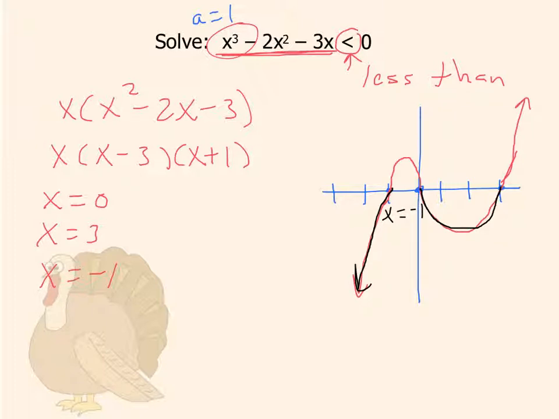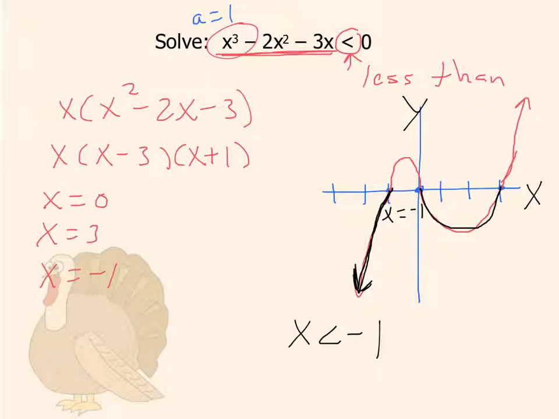As I go to the left of x equals negative 1, that's where the graph goes negative. So for the first part of my solutions, I could say any x value that's less than negative 1 is a solution, because I can see from the sketch that any x value less than negative 1 will result in a component of the graph that is beneath the x-axis.